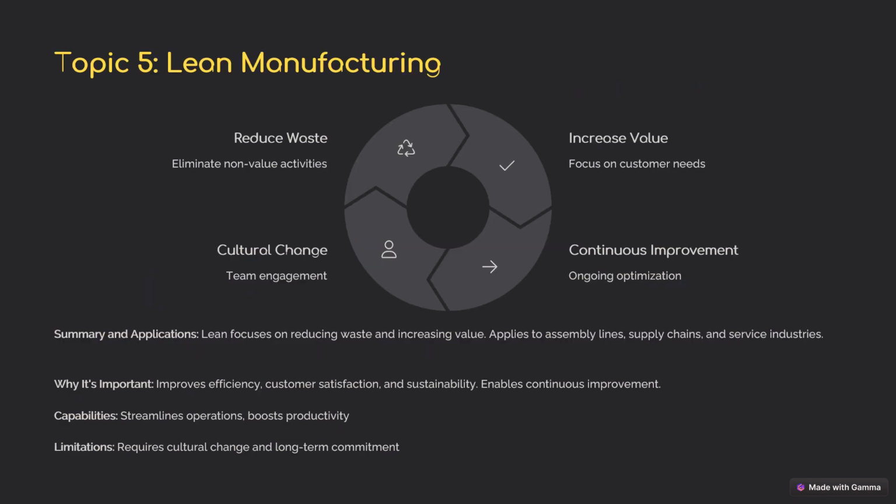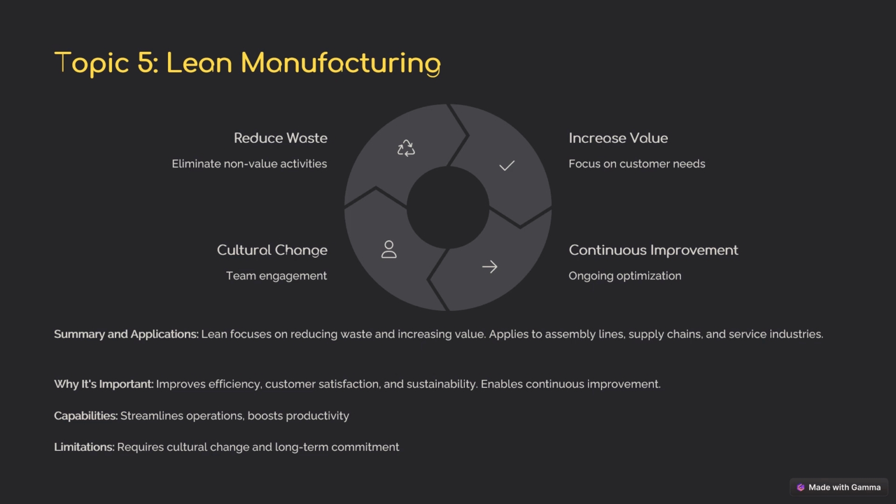Let's talk about lean manufacturing. Lean is more than just a set of techniques. It's a mindset. The goal is to reduce waste, increase value, and continuously improve. Lean is used in manufacturing, logistics, and even healthcare.